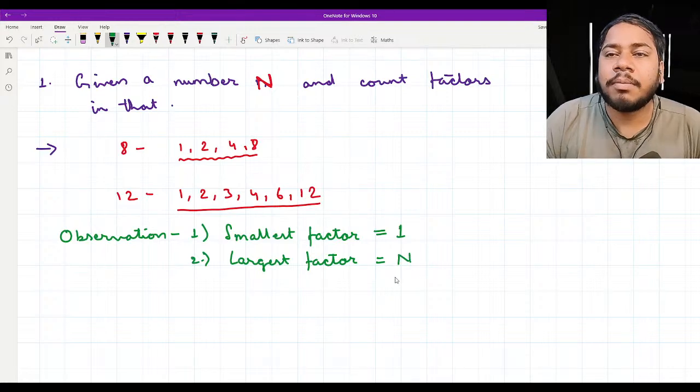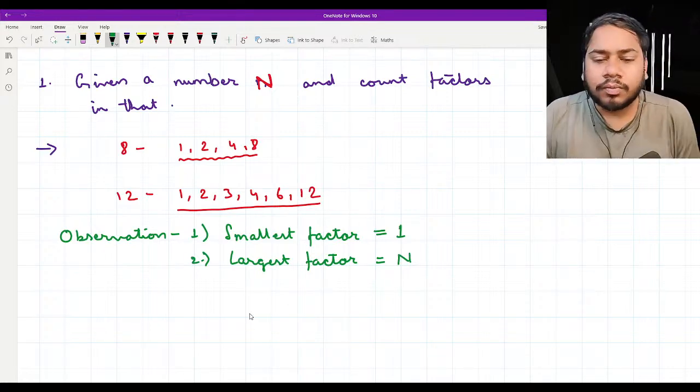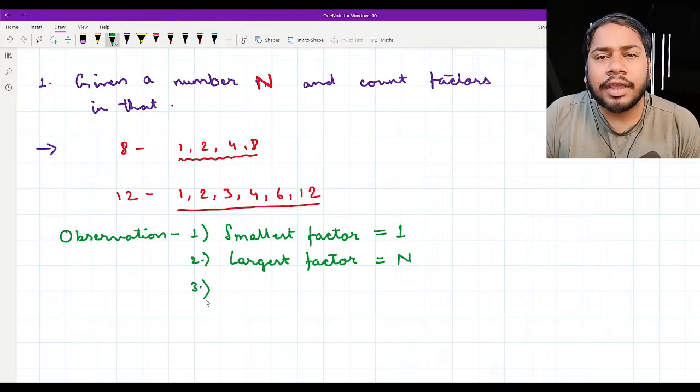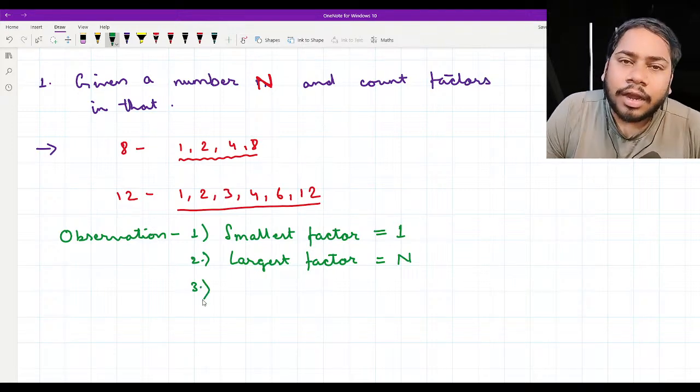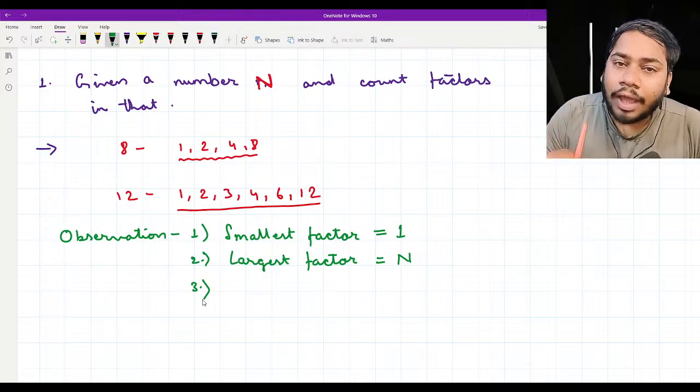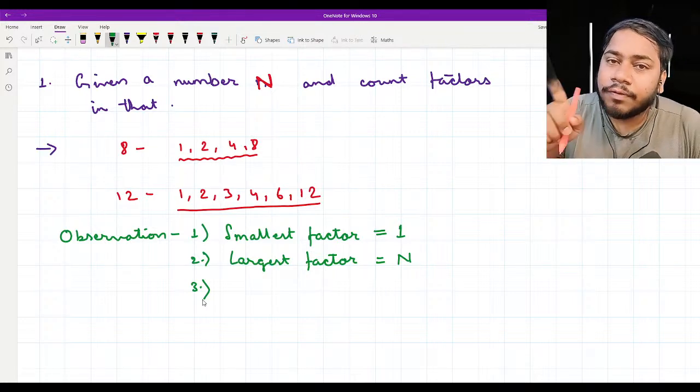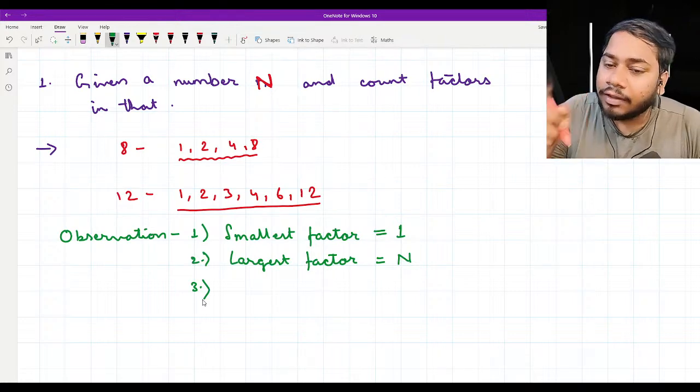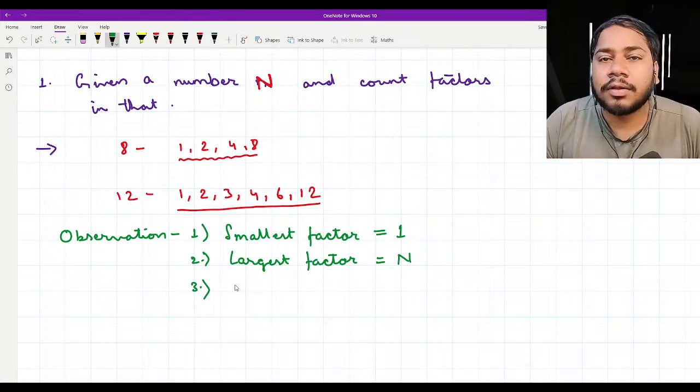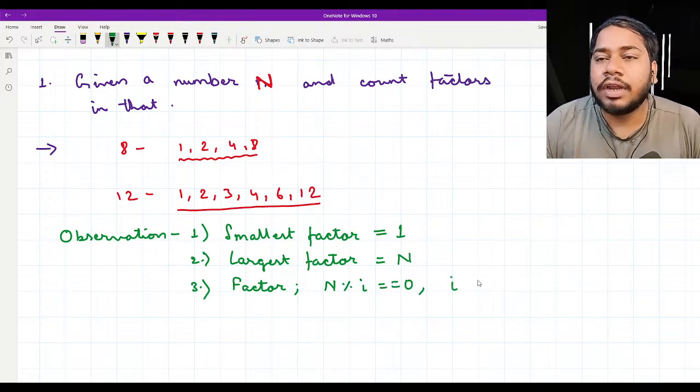And the third thing: a number I is a factor of n if n modulo I is equal to 0. When n modulo I is equal to 0, then we say I is a factor of n.